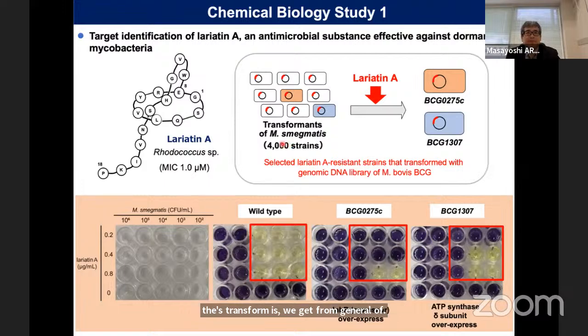Specifically, we screened for Mycobacterium smegmatis transformed with the genomic DNA library that shows resistance to radiacin A. Eventually, we investigated which gene from Mycobacterium BCG, when overexpressed, confers resistance to radiacin A.